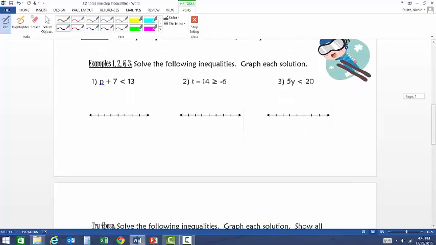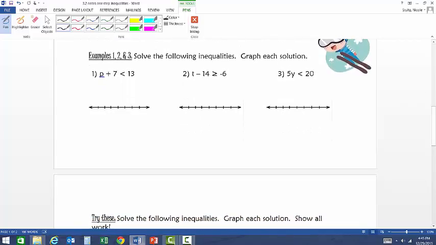What we're going to do this time is we're going to solve the inequalities and then we're going to graph our answers. So go ahead and go through and solve them quick.